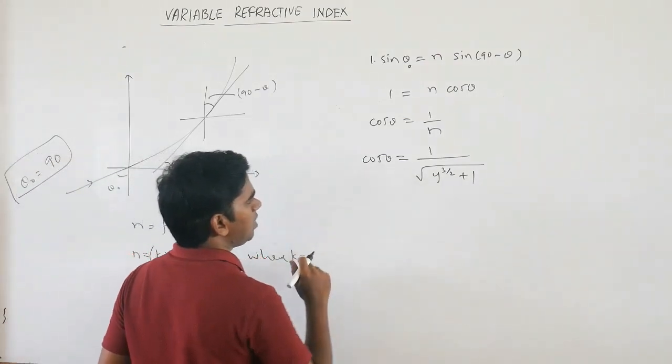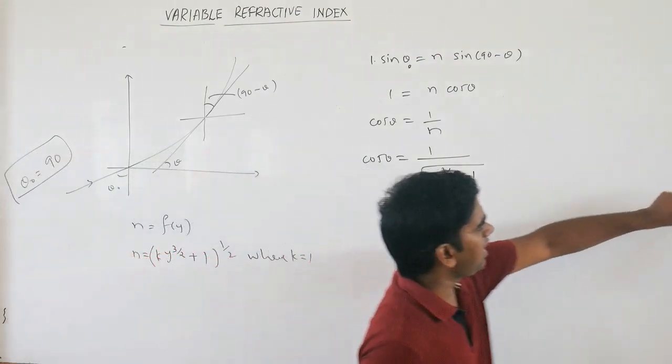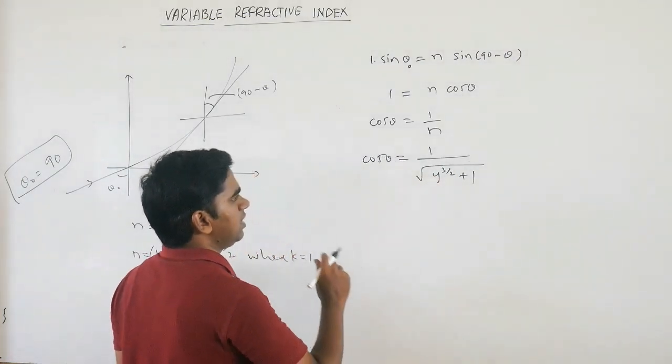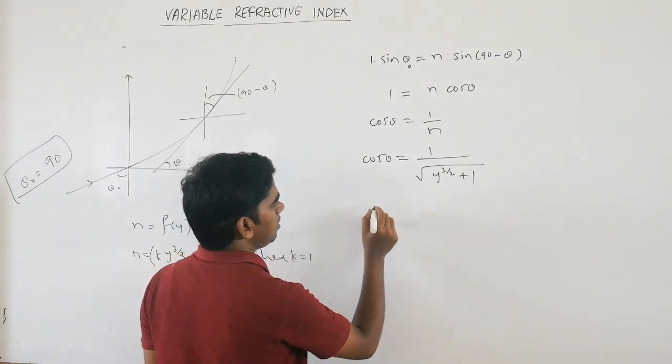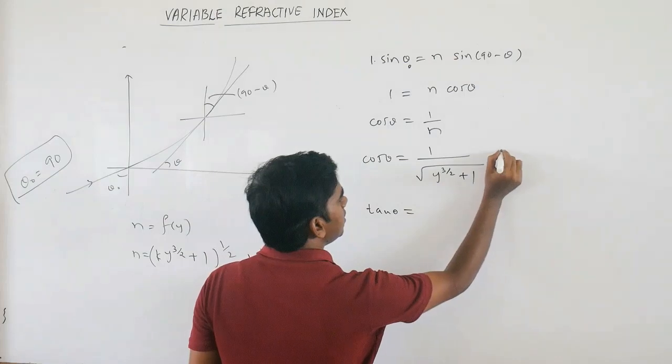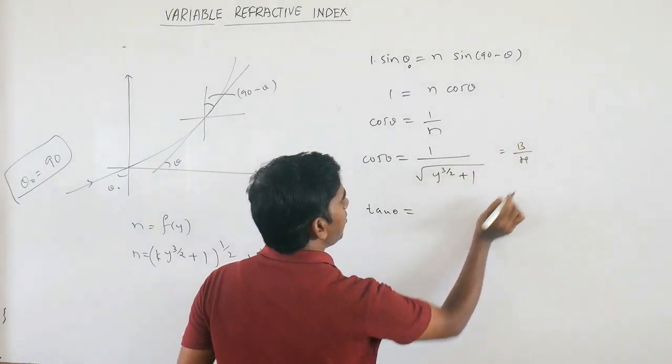So this is cos theta, but actually what we want is tan theta. Cos theta we know, we want tan theta. How can we get tan theta here? Cos theta is base divided by hypotenuse.